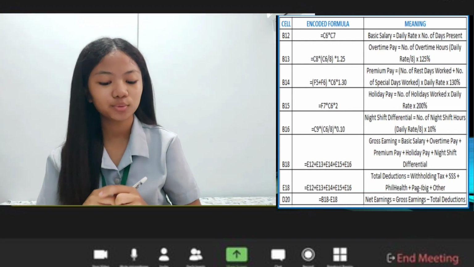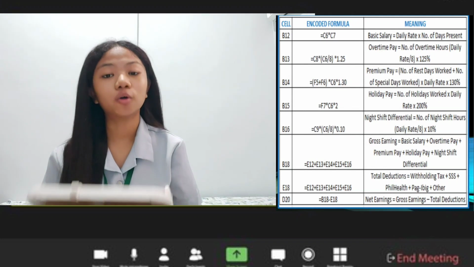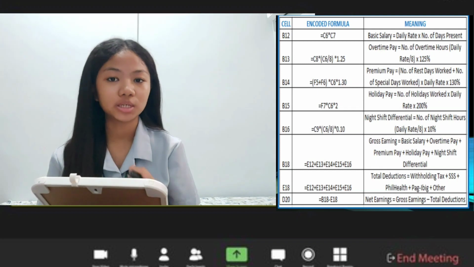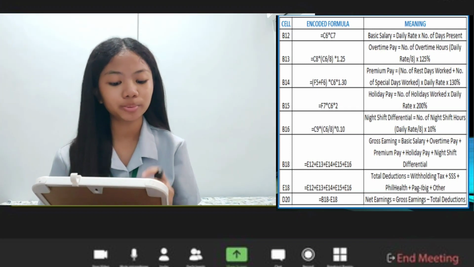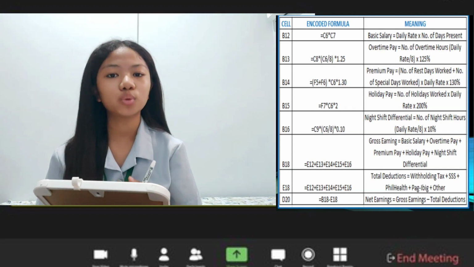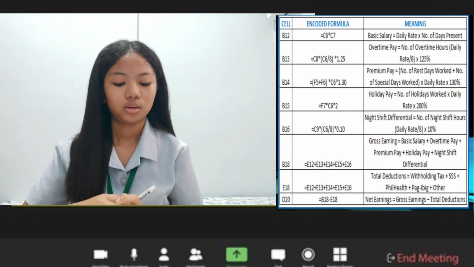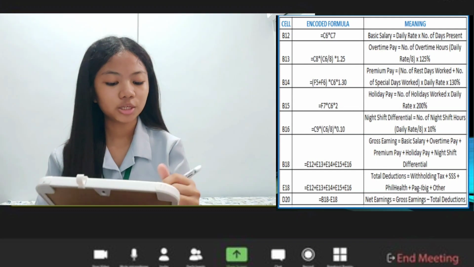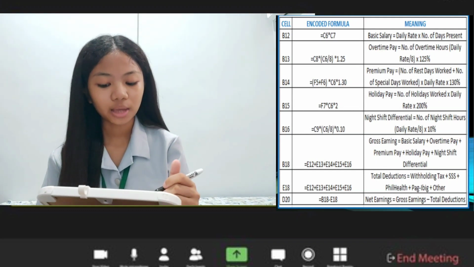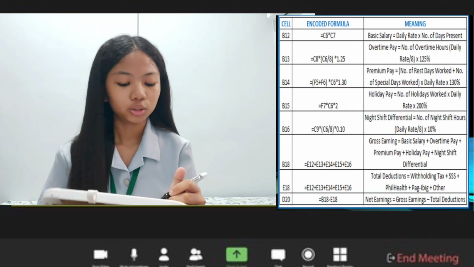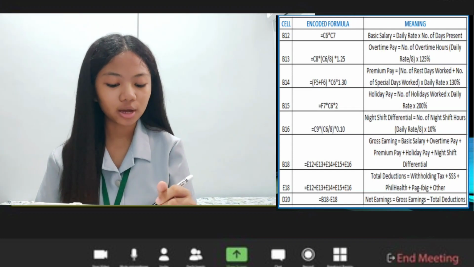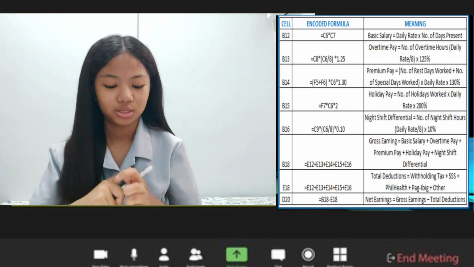Okay, so next we need to compute for the overtime pay. Overtime pay is equal to the number of overtime hours multiplied by daily rate over 8, and then multiplied by 125%. So it is equal to 20 multiplied by 1,000 over 8 times 125%, which is 3,125 pesos.